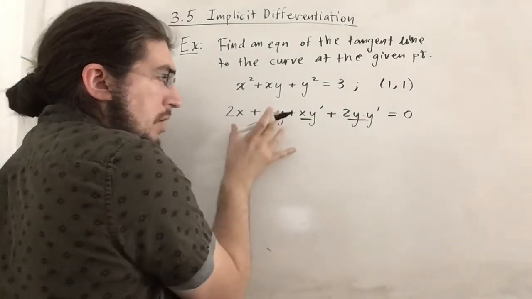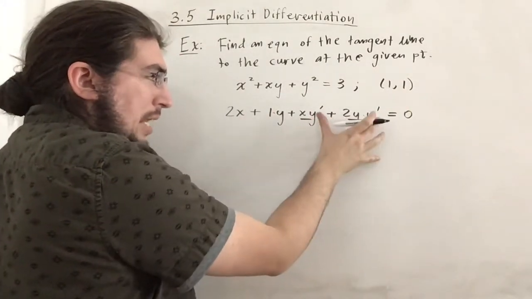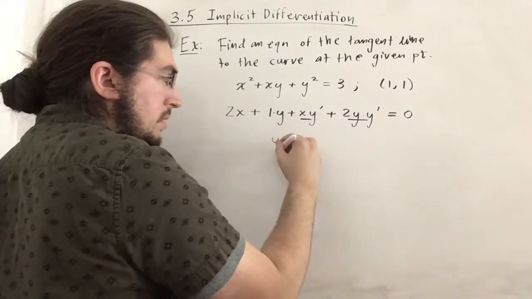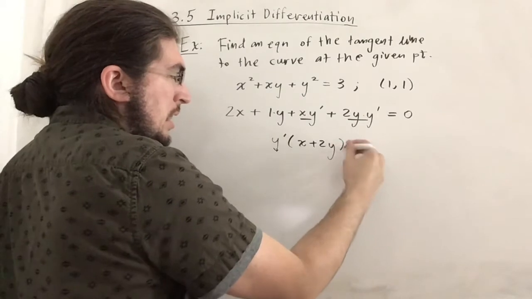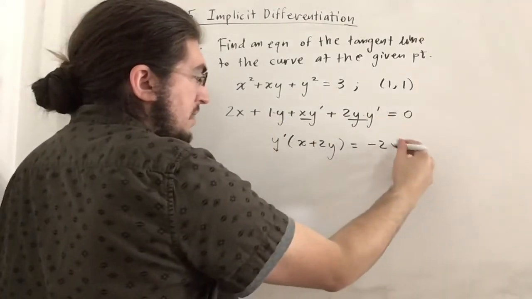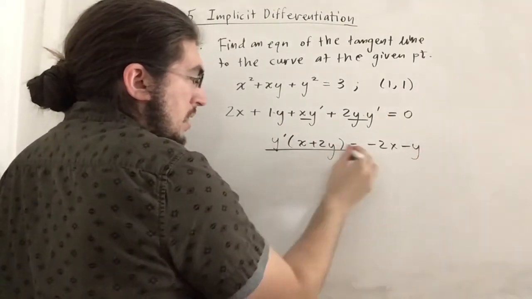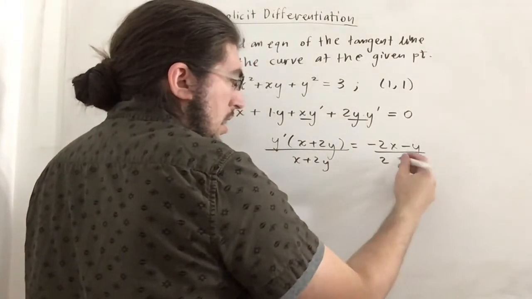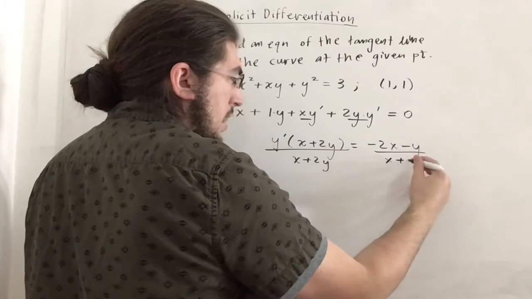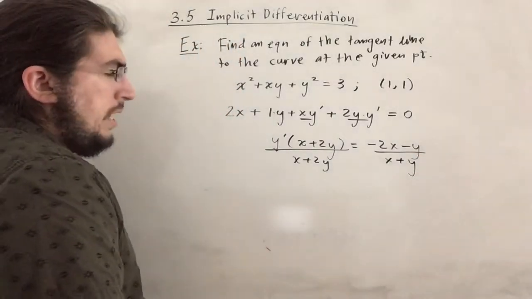I'm going to subtract these to that side and simultaneously pull y prime out from these terms. So we get this, and subtracting those over there, we get negative 2x minus y divided by x plus 2y. I think we're in okay shape.